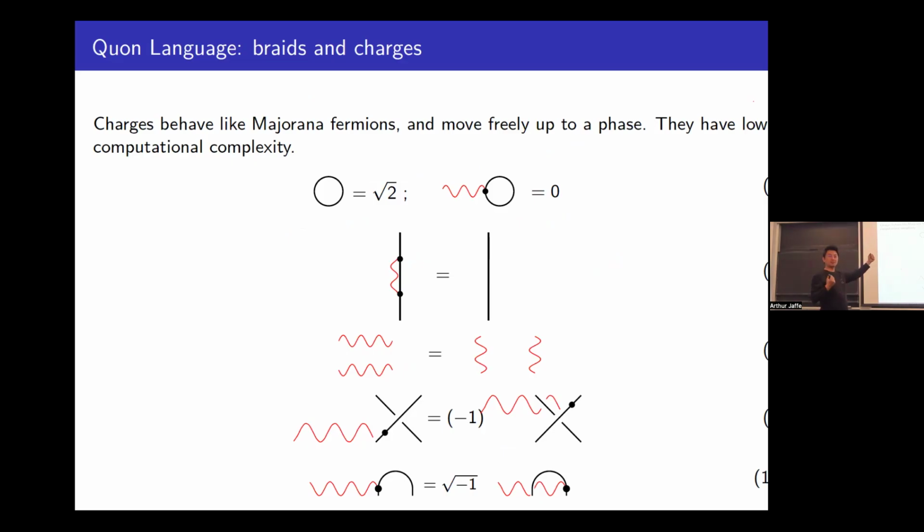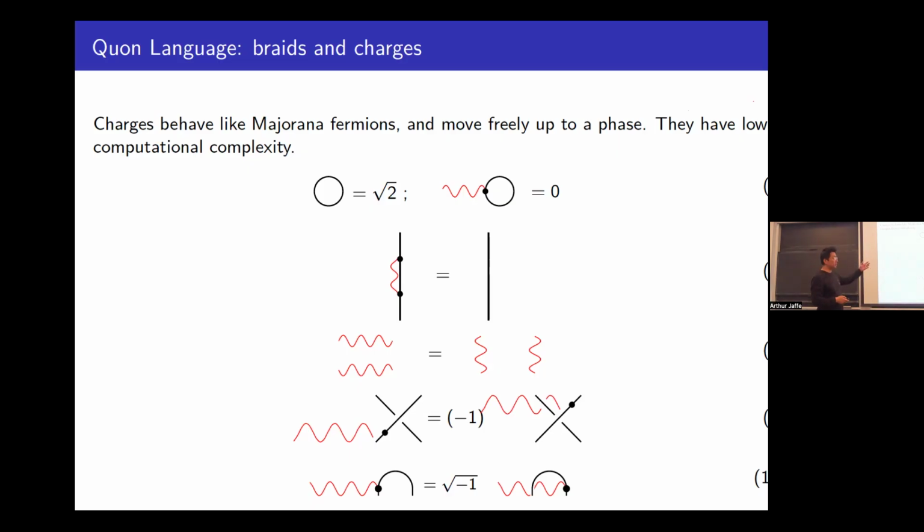That's like when two Majorana fermions meet, they just cancel. And in this relation, when we pair the Majorana fermions, it doesn't matter how we pair them. It's just the same. And the third one, you can have even the braiding. There's a minus sign. And also the charge can move freely on the braids or on the strings up to a phase. And this is the phase for the rotation of this Majorana charge. The two-pair rotation will give you a phase of -1. So that's a fermion.